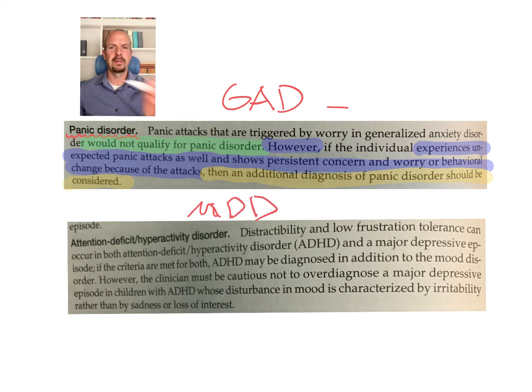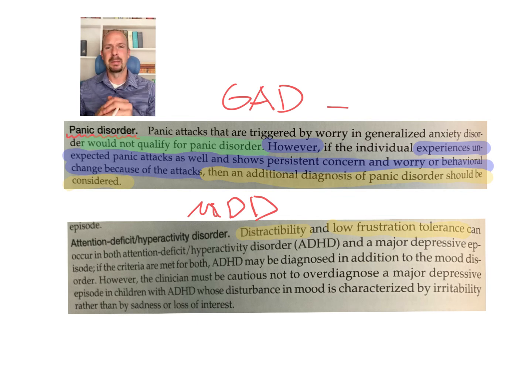So as I explained in the first part of the video, here is an example of attention deficit hyperactivity disorder. They talked about distractibility and low frustration tolerance can occur in both ADHD and major depression, right? There's this irritability, they can be frustrated.